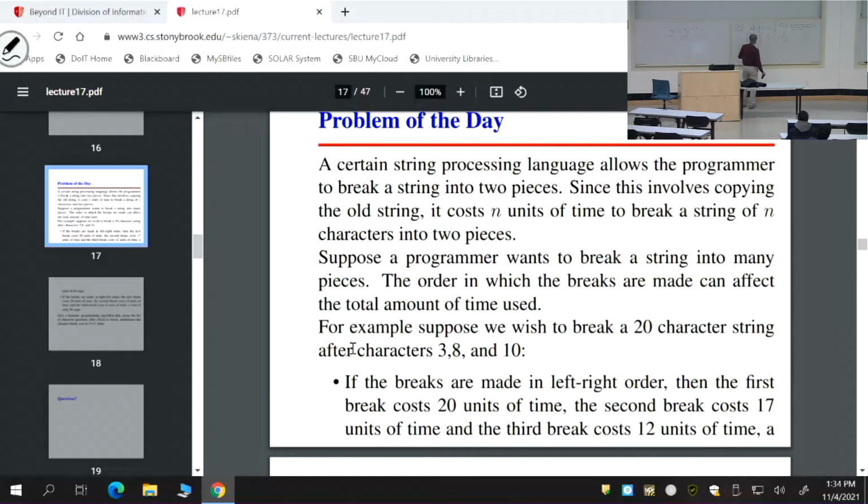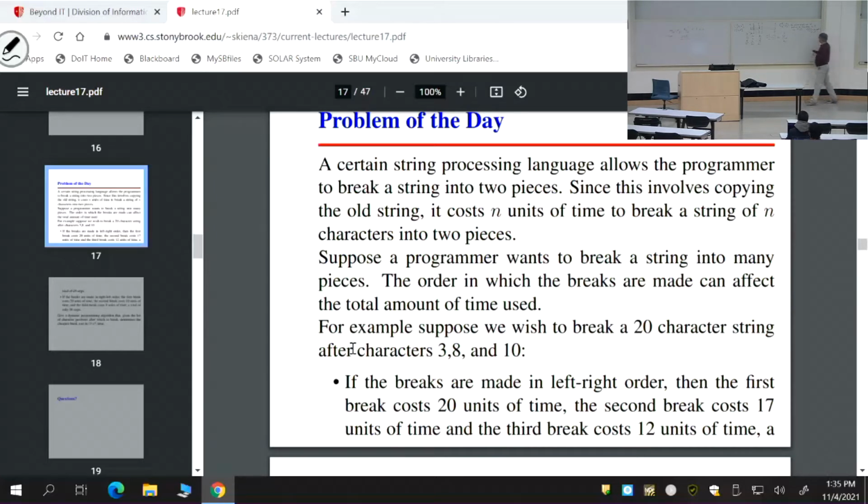So let me define an array, just for keeping it someplace, let me say that P of i is going to be equal to the position of cut i.